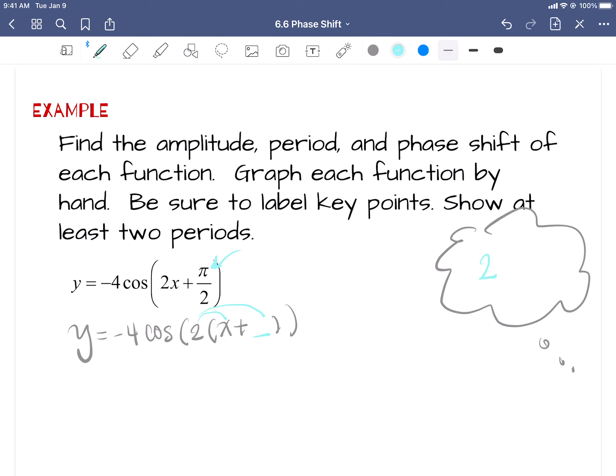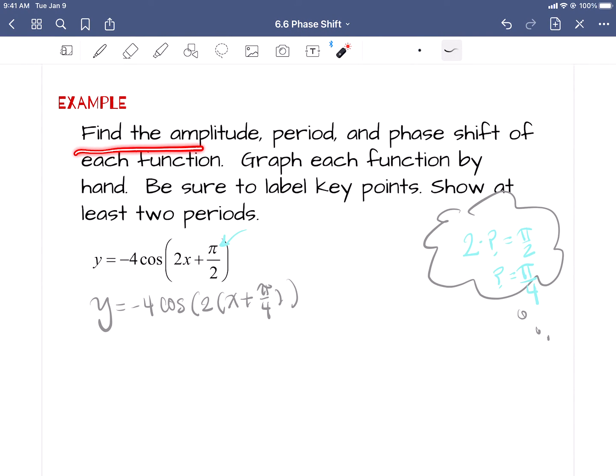So what am I going to multiply 2 by to get pi over 2 back? And I really don't think it needs to be written down. I think you can figure it out. That's why this is just a thought bubble. I don't need to see that you thought about it, but definitely write it down if you're struggling, right? I'm a very visual learner, so I probably wrote that down a lot. So what is it, pi over 4? Okay.